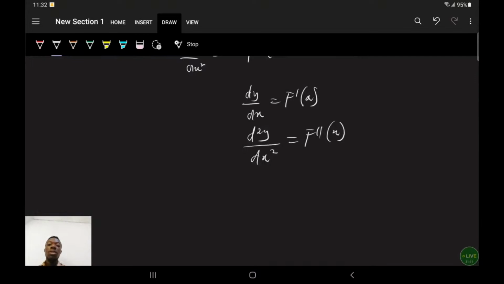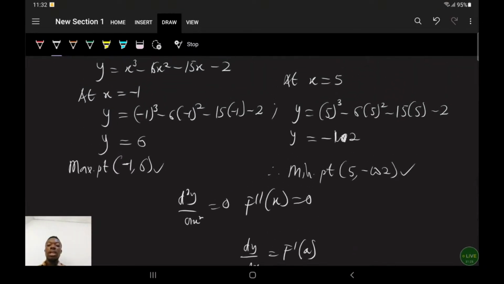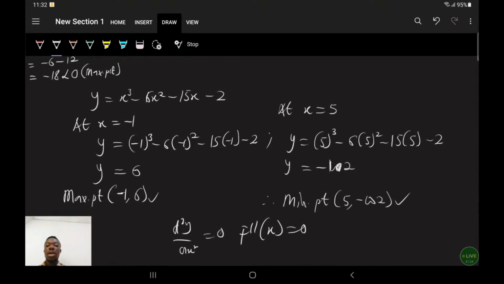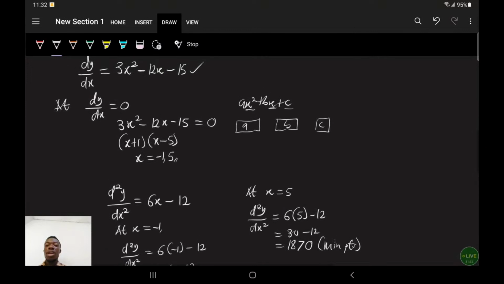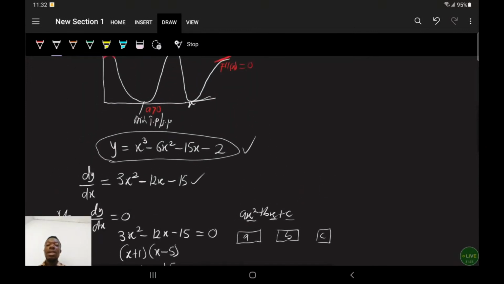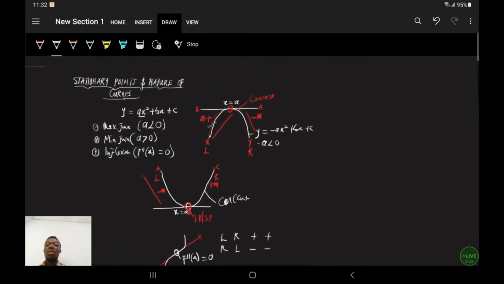So if you don't see dy over dx, you're going to see f prime. If you don't see d squared y over dx squared, you're going to see f double prime. So that is how this works. Let's take note of this so that you know how to work along. So this is how we determine the nature of the curve, and the stationary point and the nature of the curve.